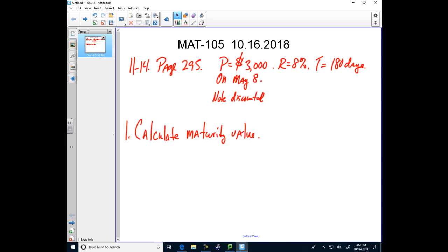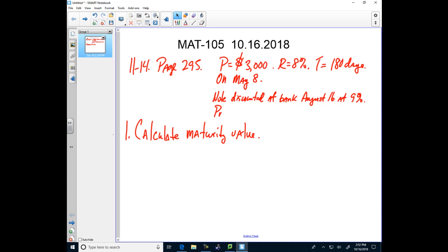Note discounted at the bank August 16th at 9%. I think that's all we need there.